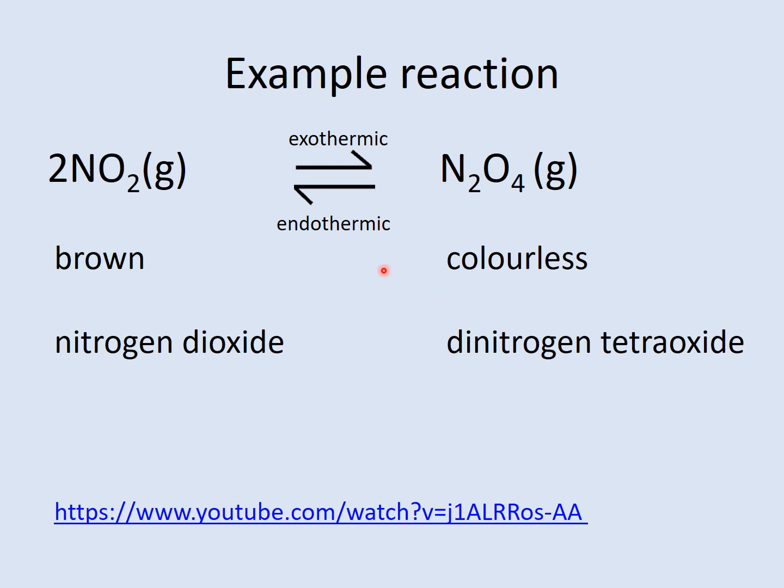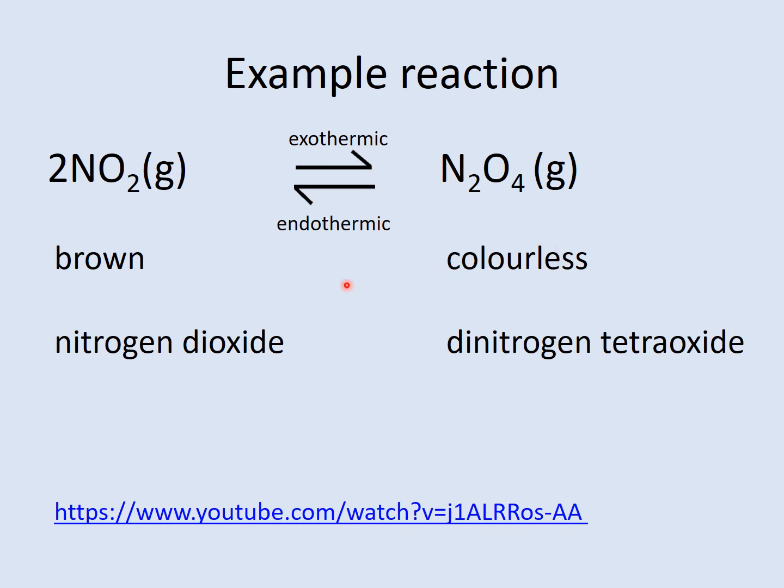So if you do something to it, it tries to do the opposite. So if you try and cool it down, it will try and heat itself up, which means it will go in the exothermic direction. So it will move to the right. So the equilibrium will move to the right, and therefore you will make more of the N2O4, and therefore the brown colour will begin to fade because obviously it will become more colourless.